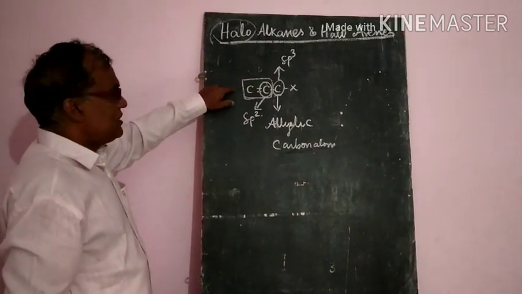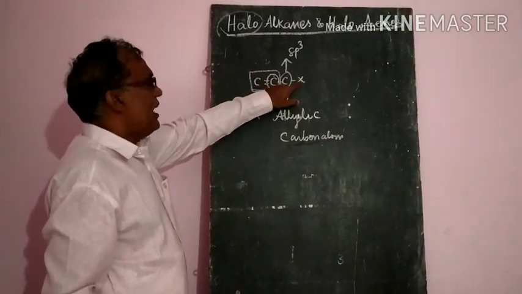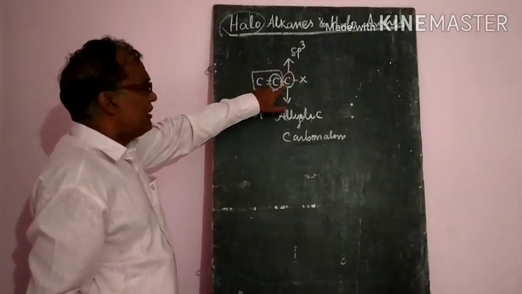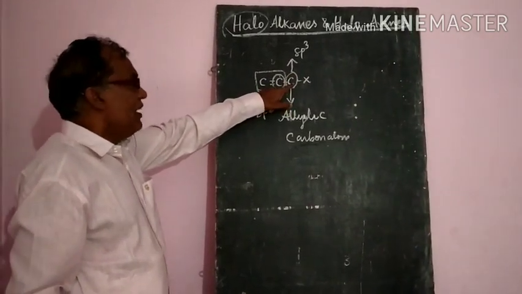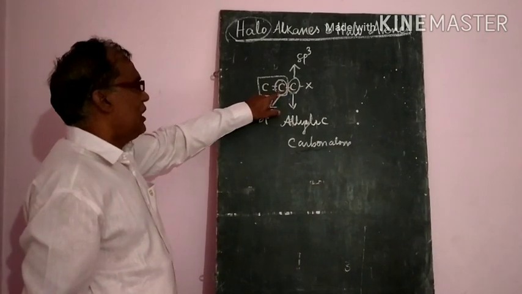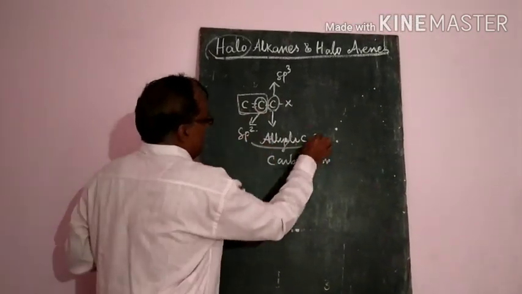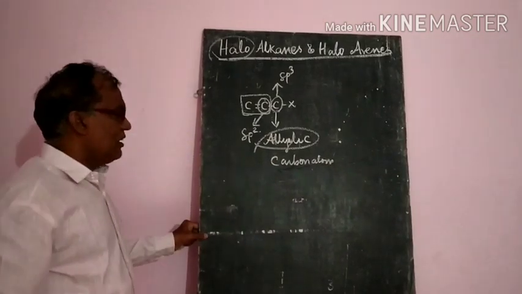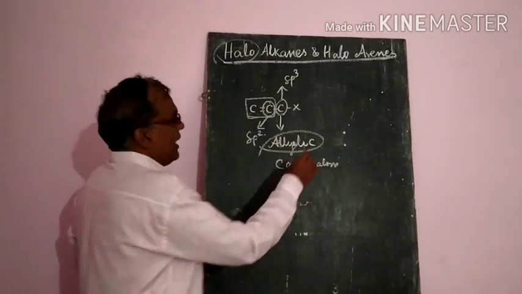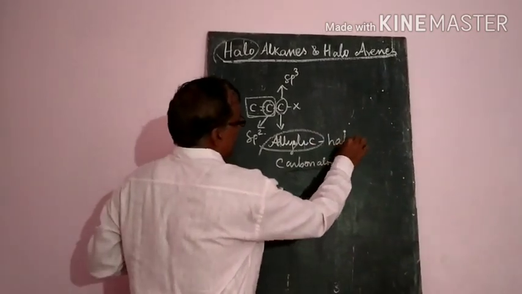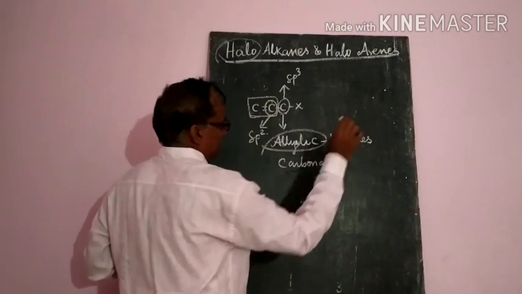Accordingly, in the other classification the halogen atom is attached to an sp3 hybridized carbon atom, and that carbon atom is attached to the double bonded carbon atoms, which are adjacent carbon atoms. That carbon atom we call the allylic carbon atom, and these are called allylic halides.